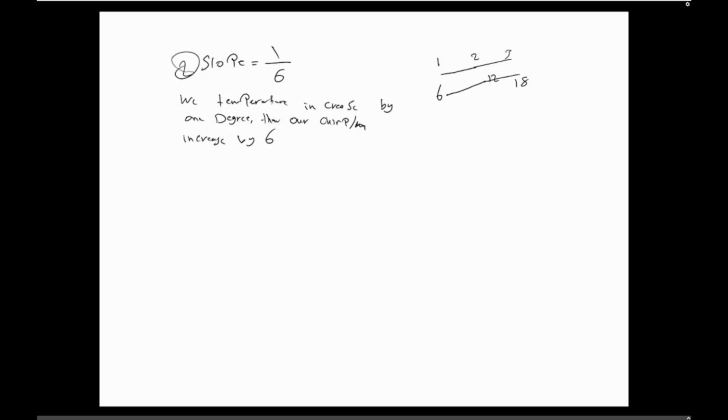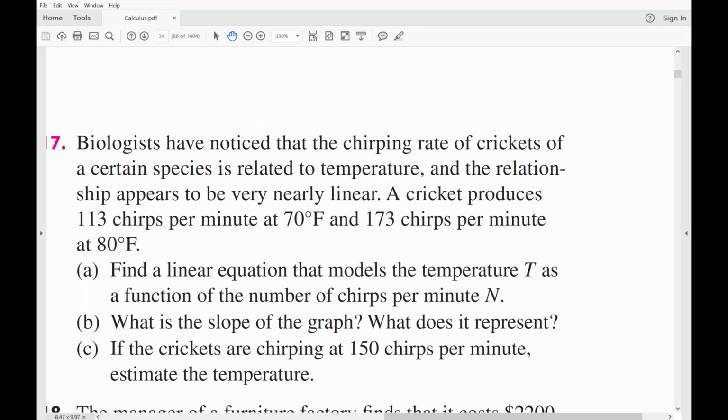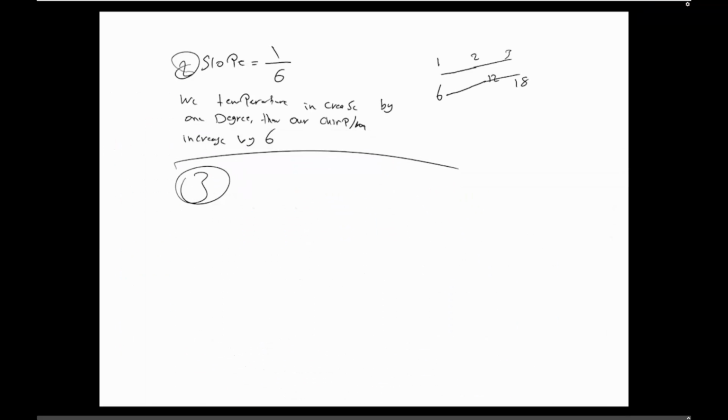So this was the second requirement, and we're going to go for the third one, which says estimate the temperature when the chirping is 150. Basically we already know our main function.